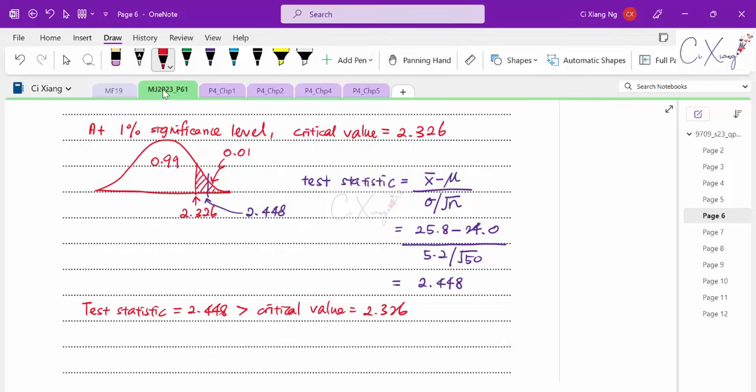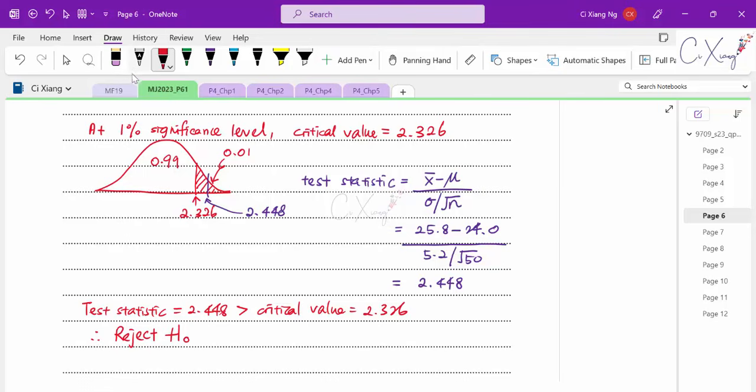Right, and of course from the diagram here, I can see very clearly that 2.448 falls under the rejection region. Since the test statistic falls under the rejection region, therefore I can make a decision where we reject the null hypothesis.